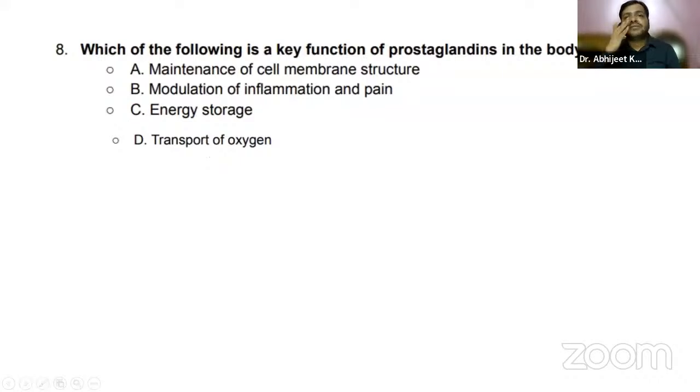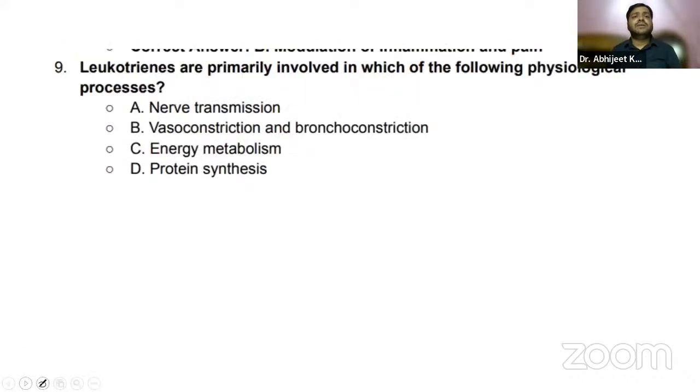Which of the following is the key function of prostaglandins in the body? They are the mediators of inflammation and pain, right? Prostaglandins are derivatives. Leukotrienes are primarily involved in which of the following physiological processes?